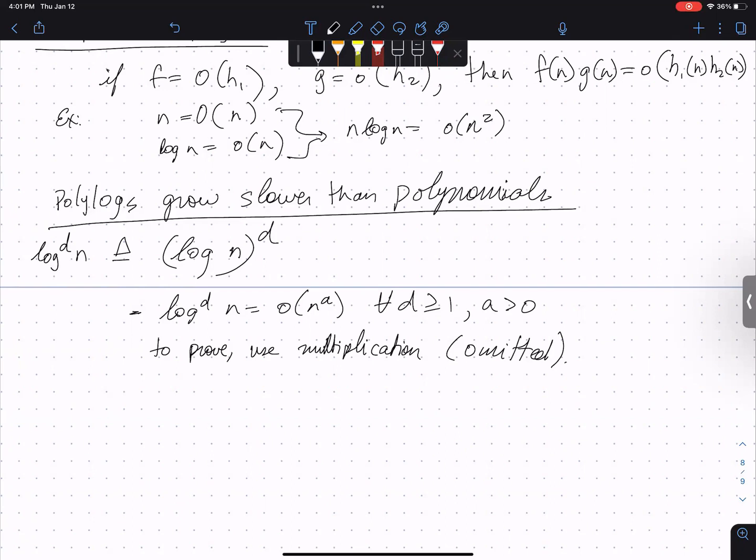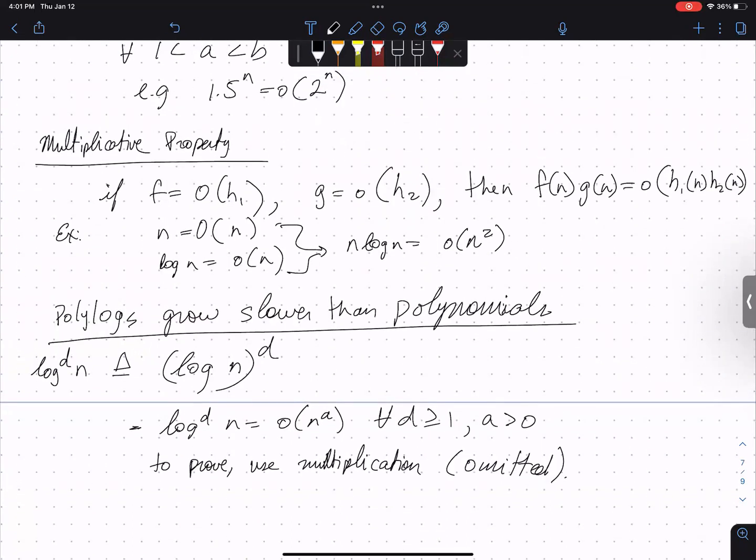Guys, any questions? Yeah. So use the multiplicative property, is what I mean. Let me write this better. The multiplicative property, I'll write it out. No, the proof is omitted.